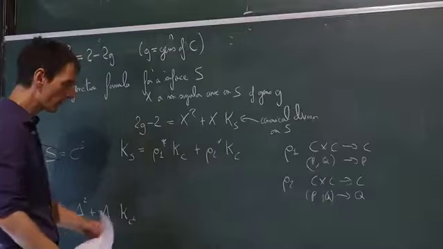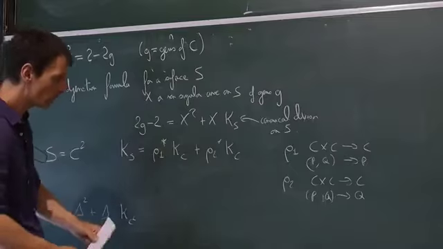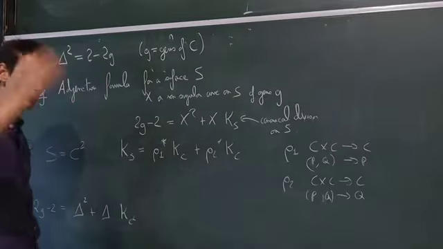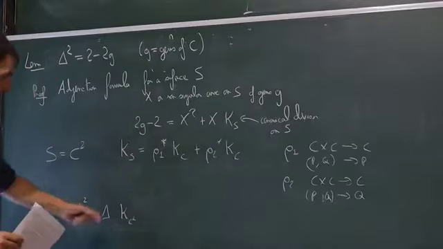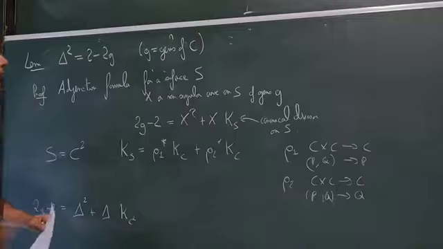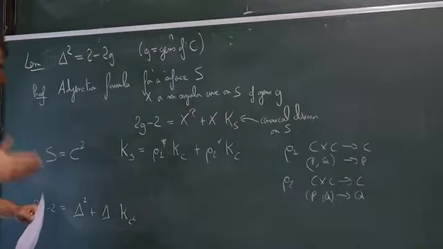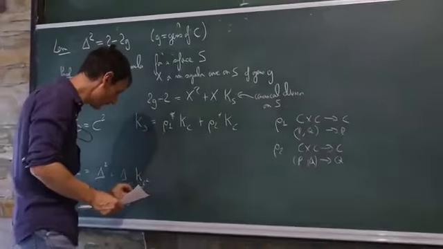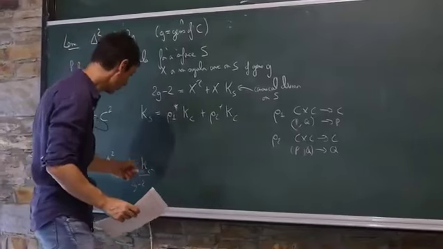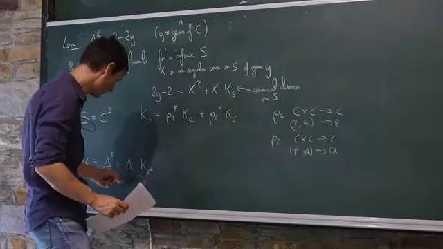So it's like when I do P1 star, I'm going to lift 2g minus 2 copies of c. And if I intersect the diagonal with 2g minus 2 copies, this is exactly just 2g minus 2. And, let me rephrase that.